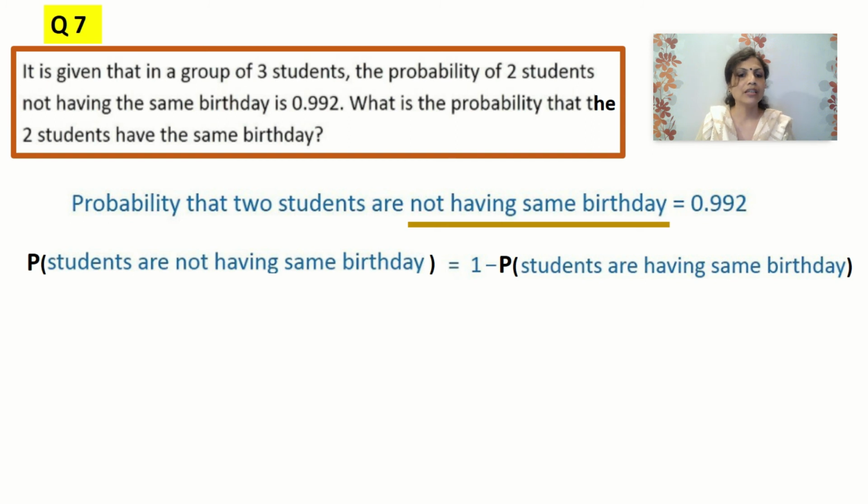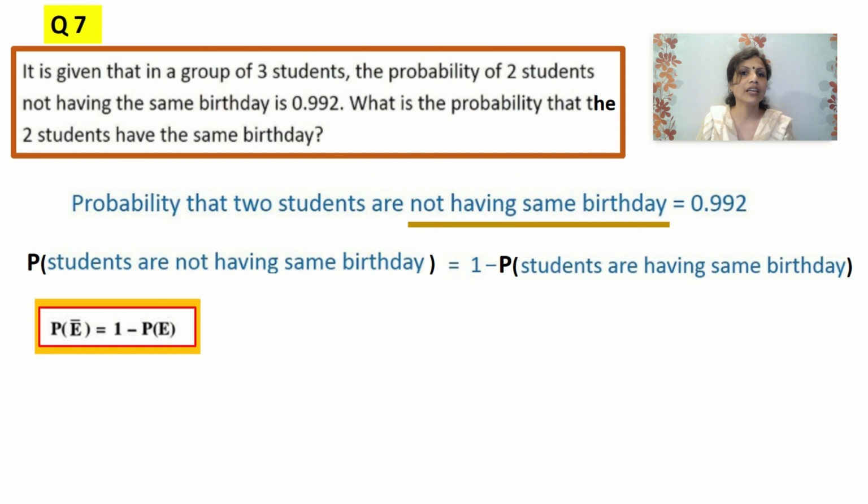Now the probability that the 2 students are not having the same birthday is given to us, that is 0.992. So you have to make use of the formula which I told you, which is very important. That is P of not E is equal to 1 minus P of E. So what is P of not E?